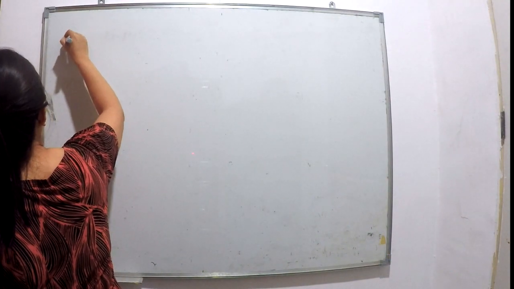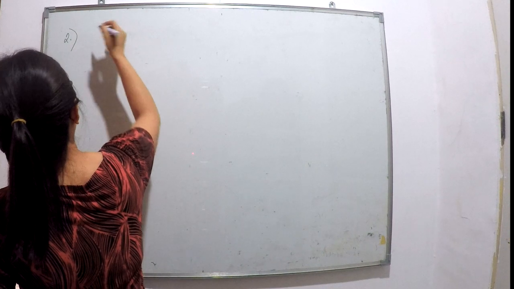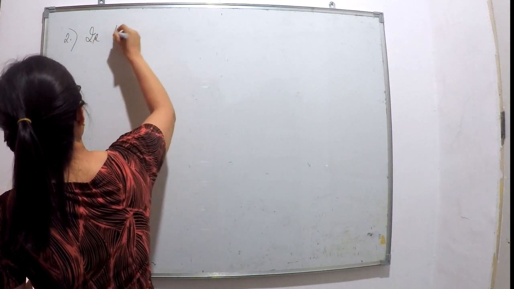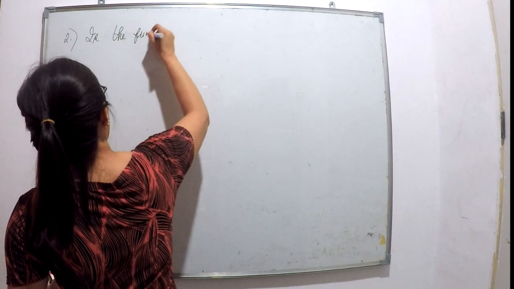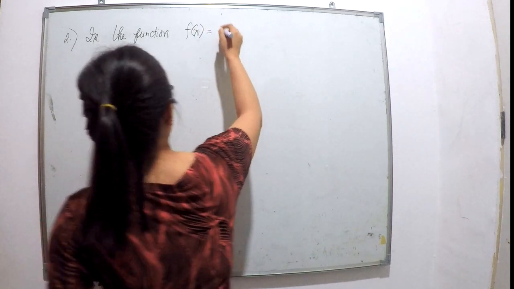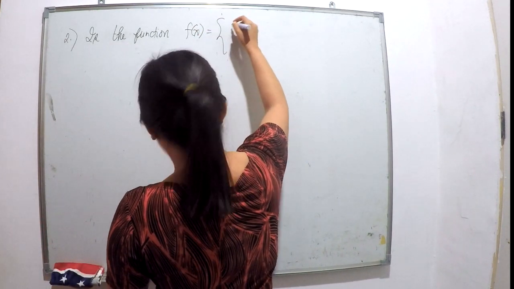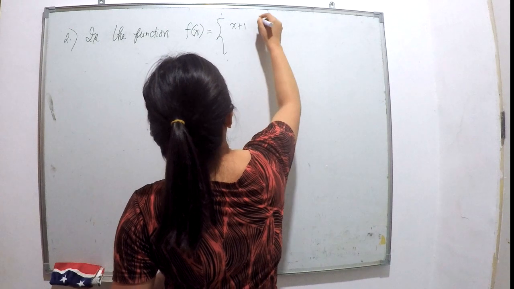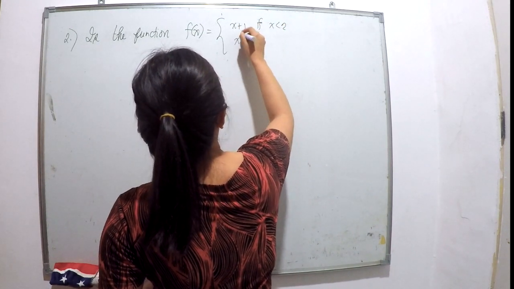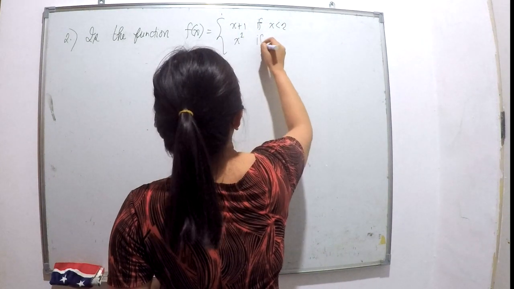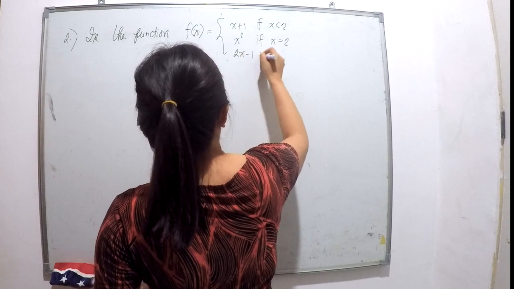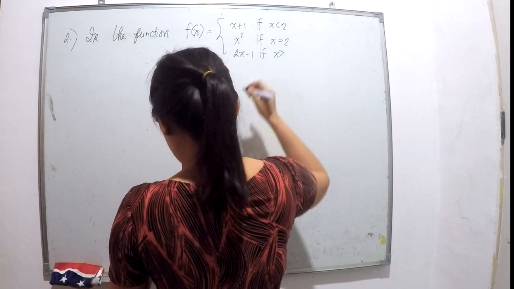Example 2. Suppose our function is f of x is equal to x plus 1 if x is less than 2, x squared if x is equal to 2, and 2x minus 1 if x is greater than 2.